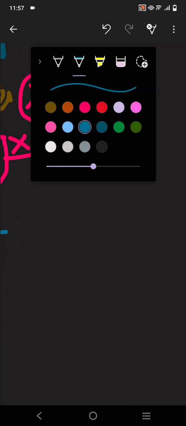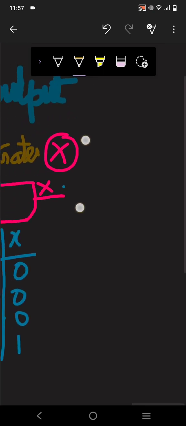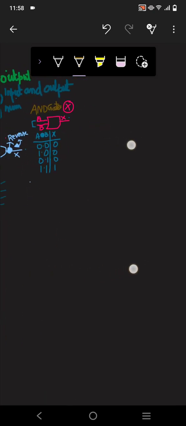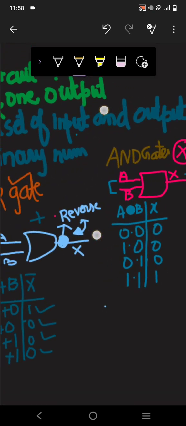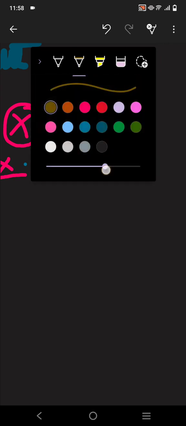Now we are moving towards the NAND gate. What is that? Now we'll be discussing the reverse of it, the NAND gate here. As I told you, where the N is coming at the start, always recognize that this is the reciprocal.